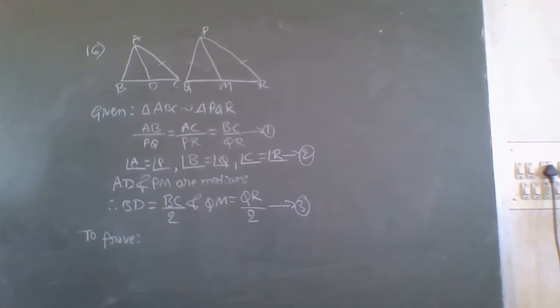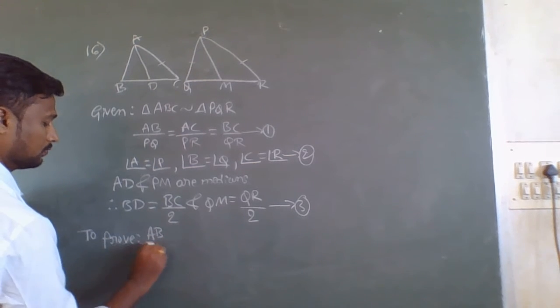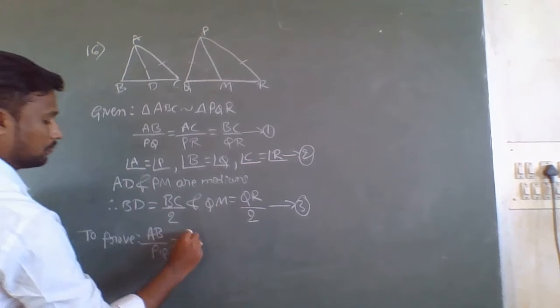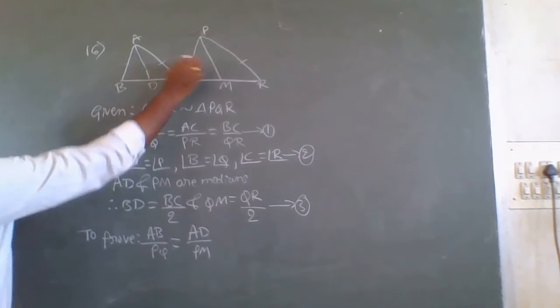What do we have to prove here? AB by PQ equals AD by PM.